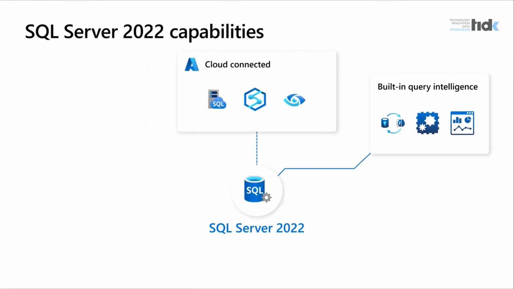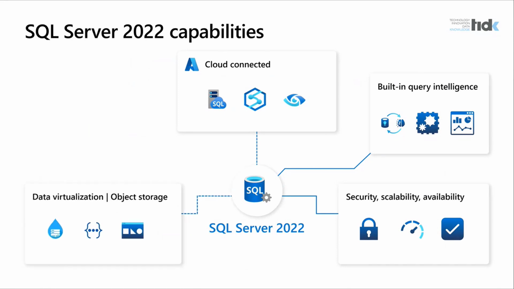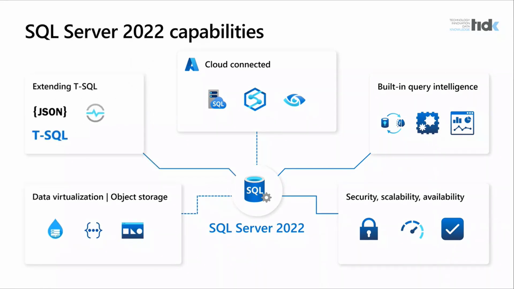If you are looking at SQL Server 2022 and its functionalities, we'll have a few blocks of new features. As I said, I will not point out every feature, but we'll focus on the block called Cloud Connected. Within these Cloud Connected features, we'll find Synapse Link for SQL Server 2022. But you should also be aware that this is not the only link connection introduced in SQL Server 2022.